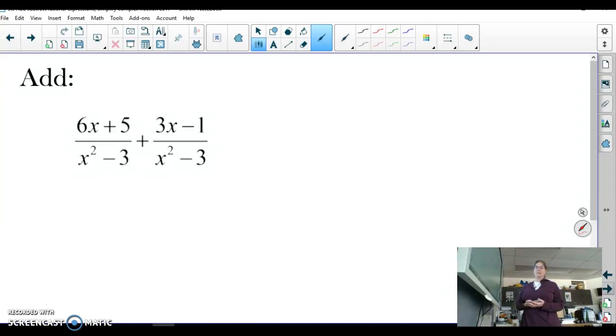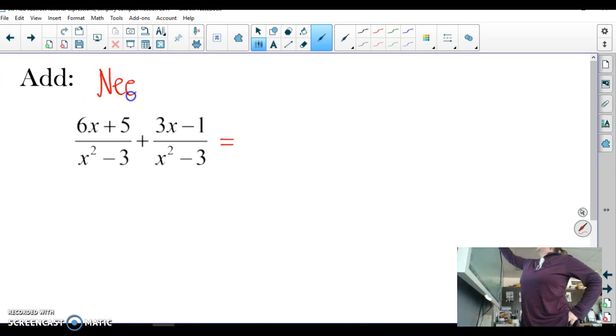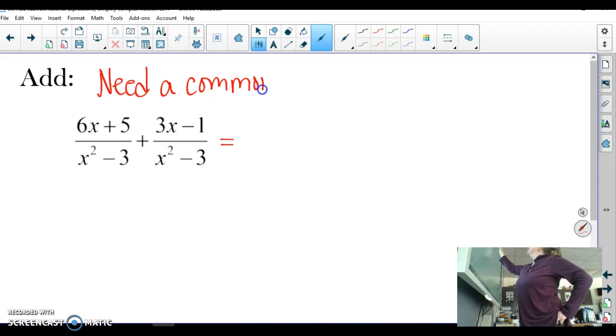I'll just pause the video and write this down so that you can follow along and replay when you get it written down. Okay, so what we are going to do is we are adding fractions, so we need to have a common denominator. So in order to add any fractions, you need a common denominator.